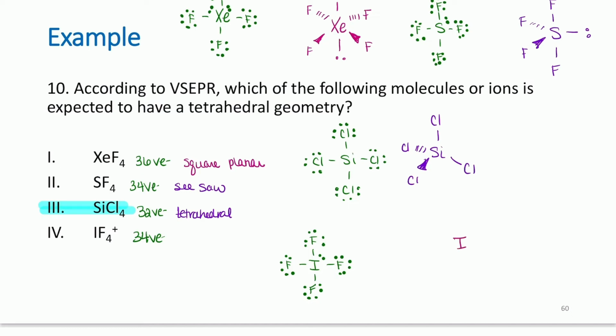You got your iodine connected to your fluorines. Remember, this is the one structure where it matters where you're putting your atoms. Atoms can go anywhere, but your lone pair can only go on an equatorial position. It can only go on one of these 3 positions. I tend to write it on the side like that because for me it's easier to see that it is in fact a seesaw structure.